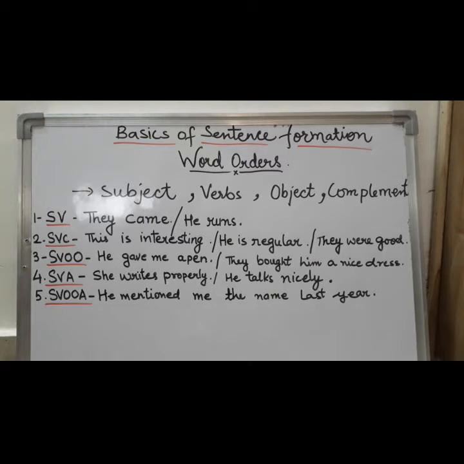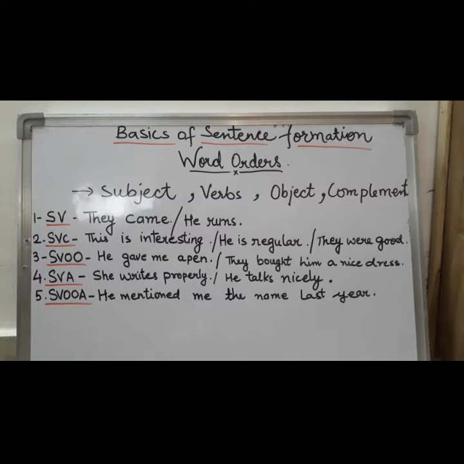In the subject, you have to use only nouns and pronouns. In verbs, there are different forms of verbs that are used. They are changed according to the time and tenses.